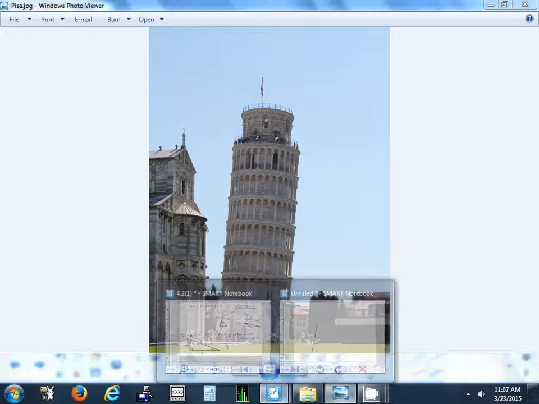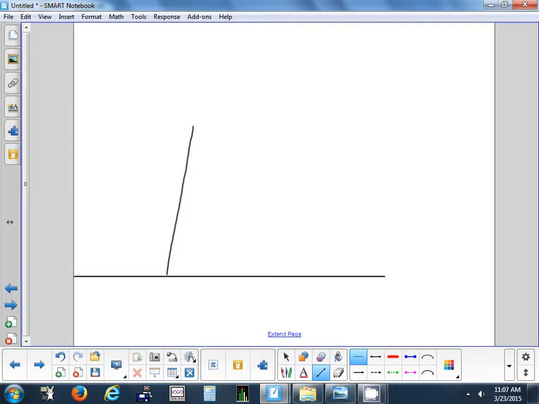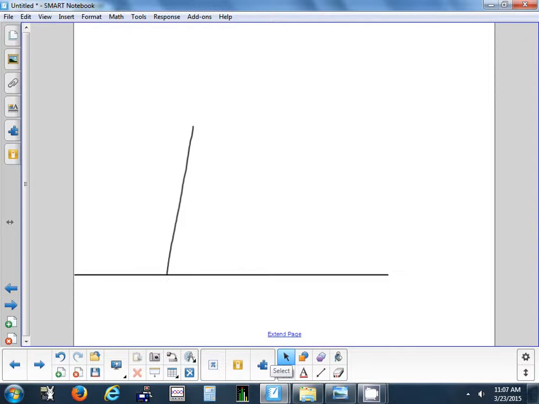We'd have a horizontal like that. And you can see here's the problem. The tower doesn't make a 90-degree angle with the ground. Depending on which side you look at, maybe it's 88 degrees or 92. But the point is it doesn't come straight down like when we do a normal building problem.